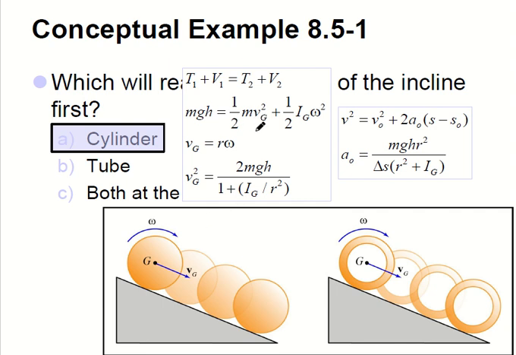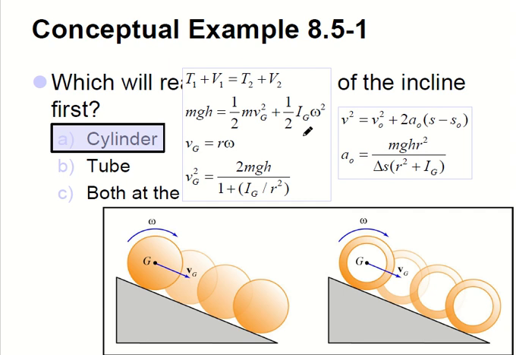Some portion is kinetic energy for motion, and the other is potential energy to get to this point. So you're going to get 1/2 m vG squared and 1/2 times the mass moment of inertia times the angular velocity squared.